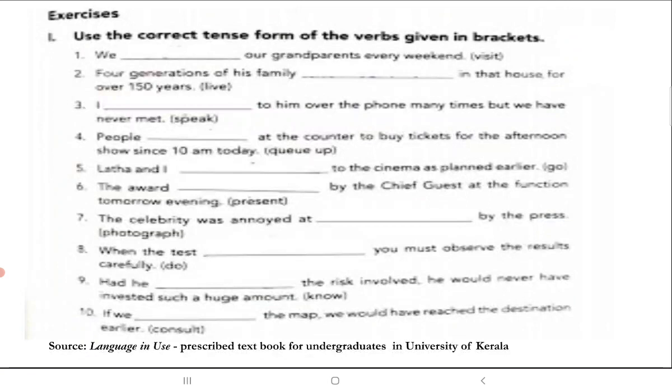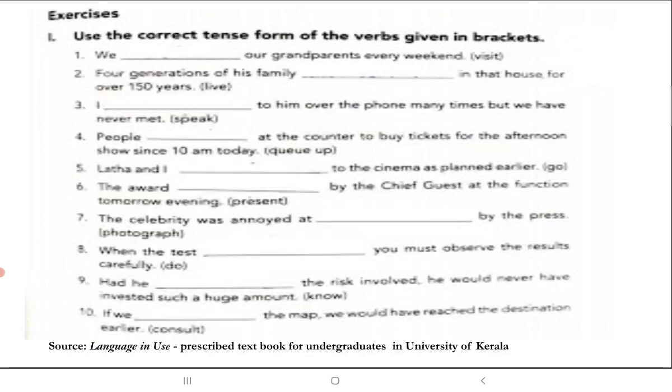I dash to him over the phone many times, but we have never met. Speak is the verb form. It also shows a past action. So have spoken, H-A-V-E, have spoken to him over the phone many times, but we have never met.